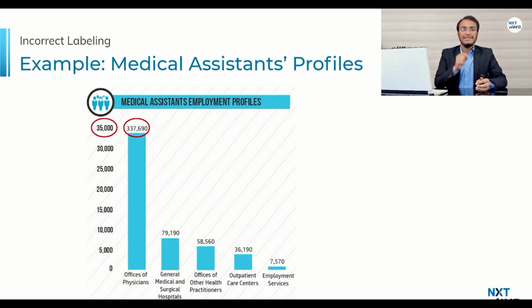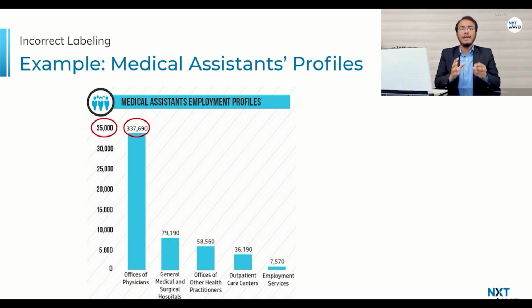It has incorrect labeling, and it shows just 35,000 around that particular point. Someone who looks at it is confused whether it is actually 35,000 and the numbers on the bar are wrong, or whether the labeling is incorrect and the numbers are correct. That creates confusion, and this is outright misinformation, a kind of lie factor in the graph too, in a way.